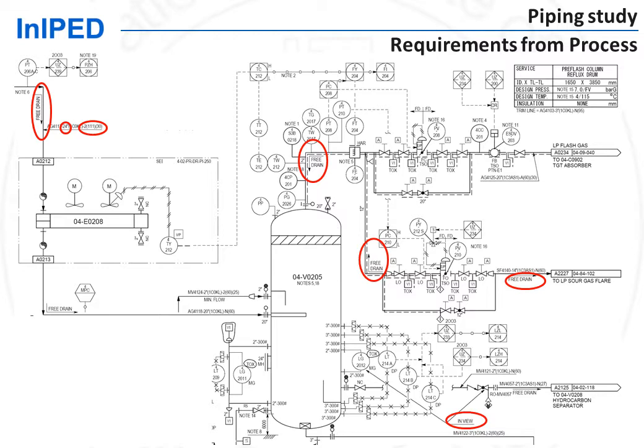Pressure safety relief valves or depressurization valves, for instance, are located at high point above the equipment they protect and above the flare header to which they discharge. All these indications are shown by process on the PNIDs.